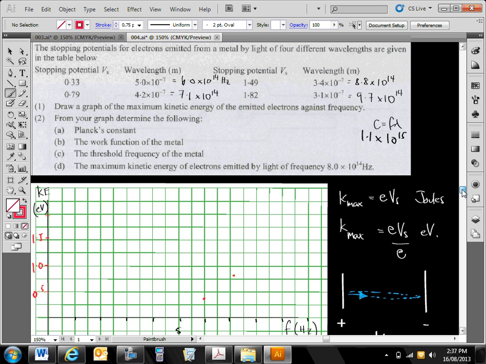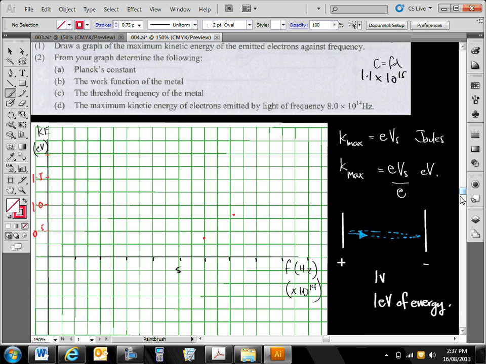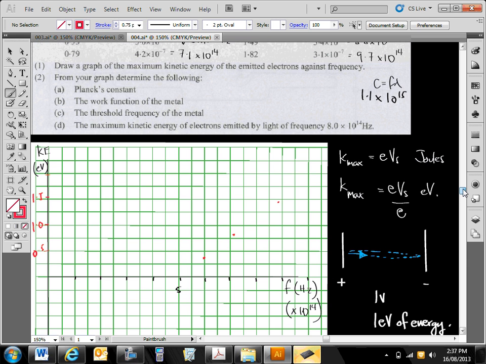The next number is 1.49, 8.8. Just under 1.5, and 8.8 is about there. Is that right? And last coordinates, 1.82, 9.7. 1.82 is up here somewhere, and 9.7 is just under 10. So we might have a point there, maybe a little bit more left of that.